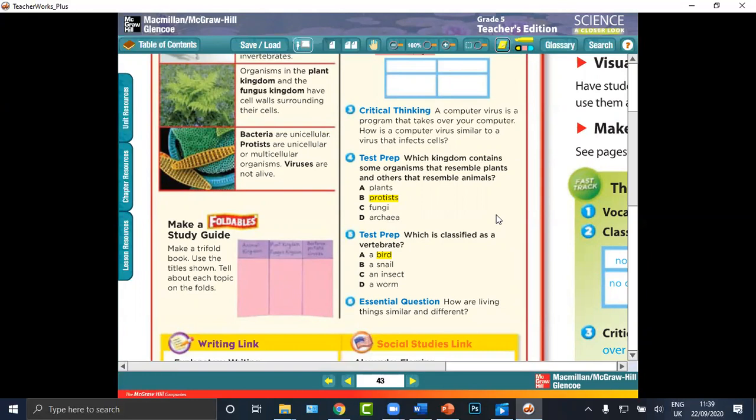A virus that infects cells takes over the cell's activities, and a computer virus takes over the computer's activities.